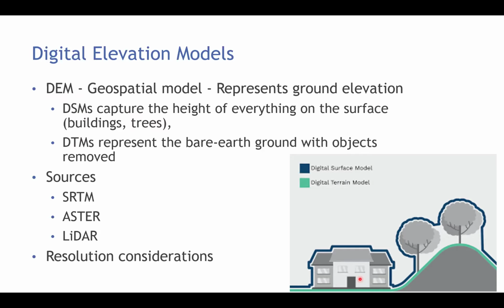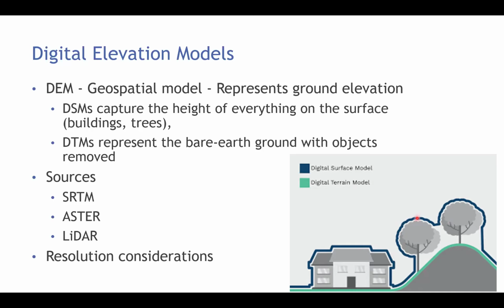Now, what is the difference between digital surface model and digital terrain model? If you see here on the raster map, if I try to get the elevation including these buildings and trees, the elevation I am observing is not the actual ground elevation.